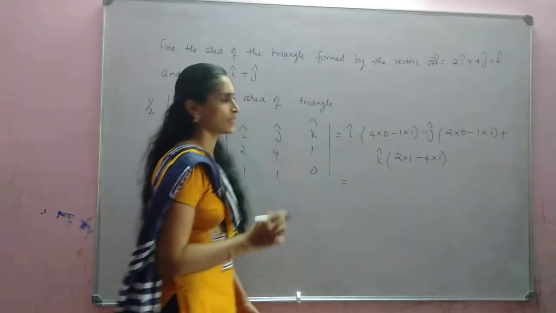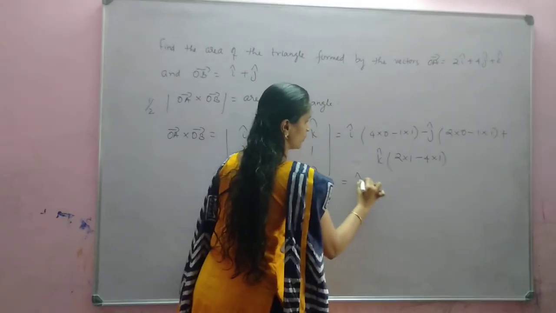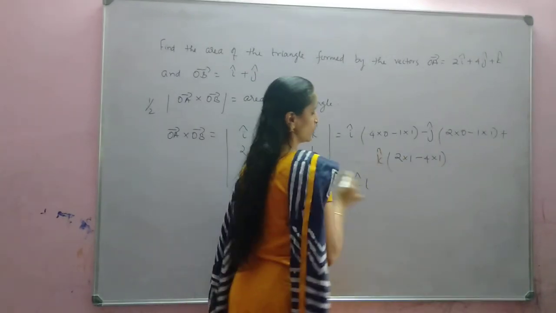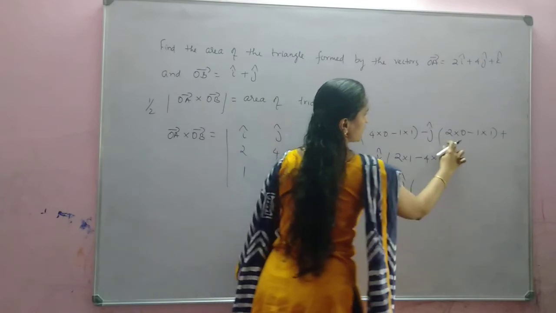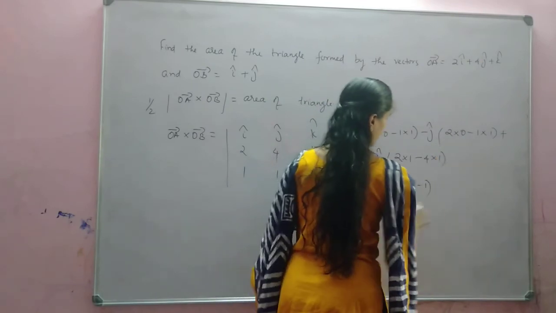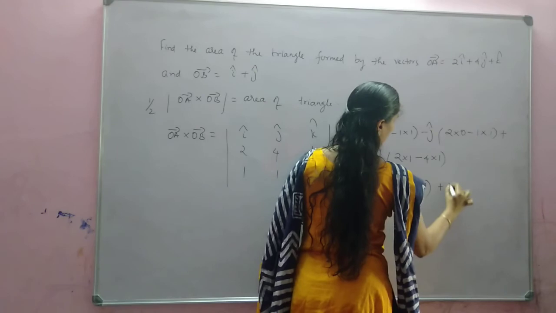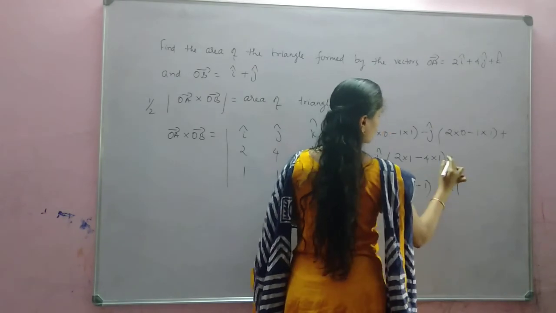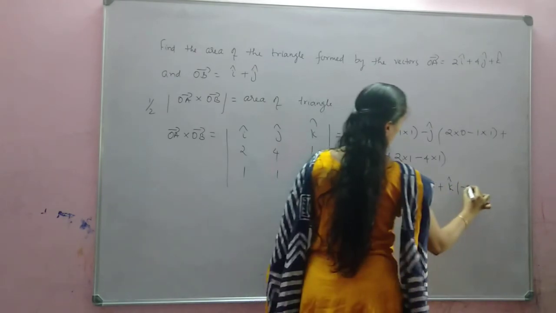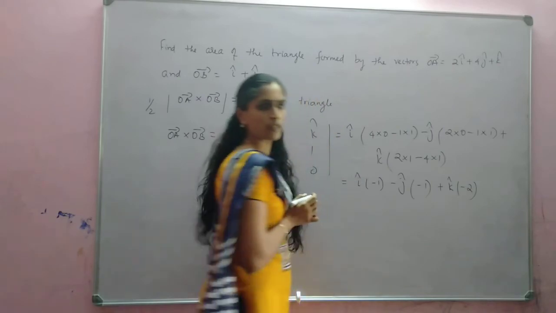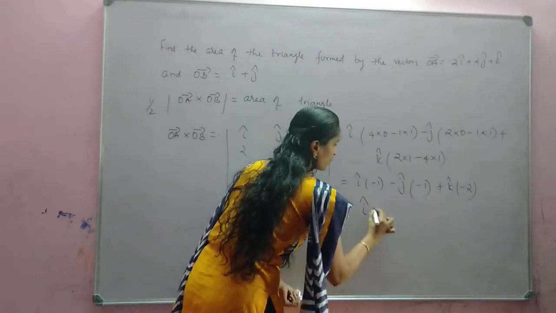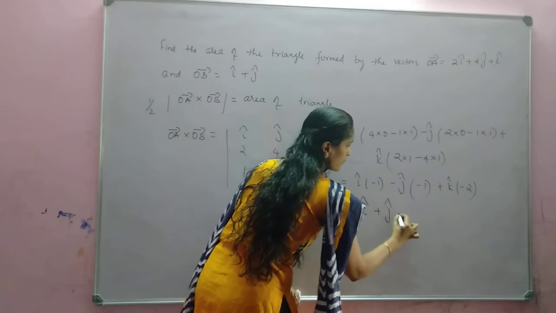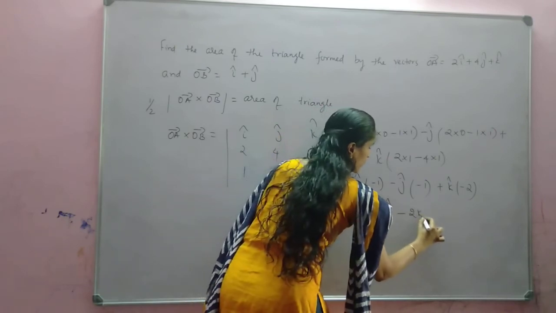You will get i cap into 0 minus 1, you will get it as minus 1, minus j cap into 0 minus 1, again you will get minus 1, plus k cap into 2 minus 4, you will get minus 2. You will get minus i cap plus j cap minus 2k cap.